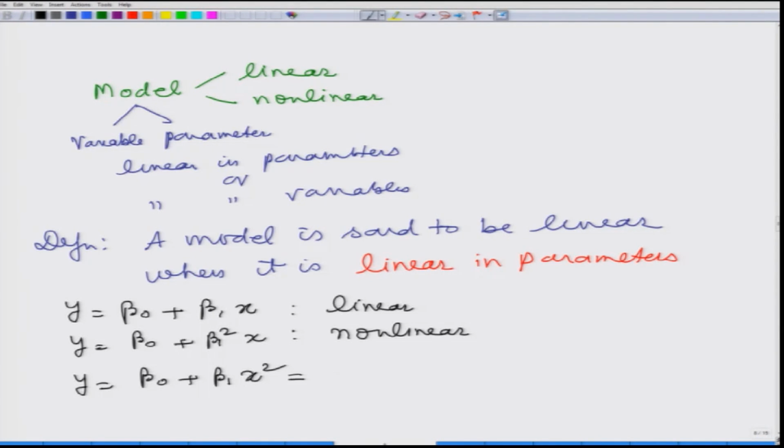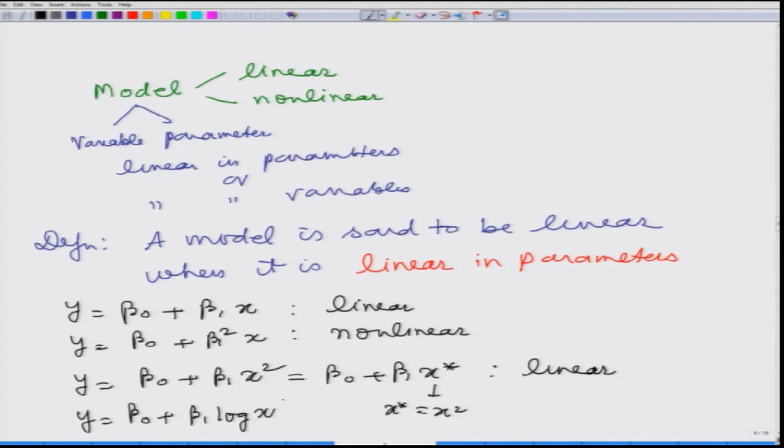I can rewrite this model as beta 0 plus beta 1 x star, where x star is x square. So this is again a linear model. In another example, I can also write beta 0 plus beta 1 log of x. This is also a linear model.